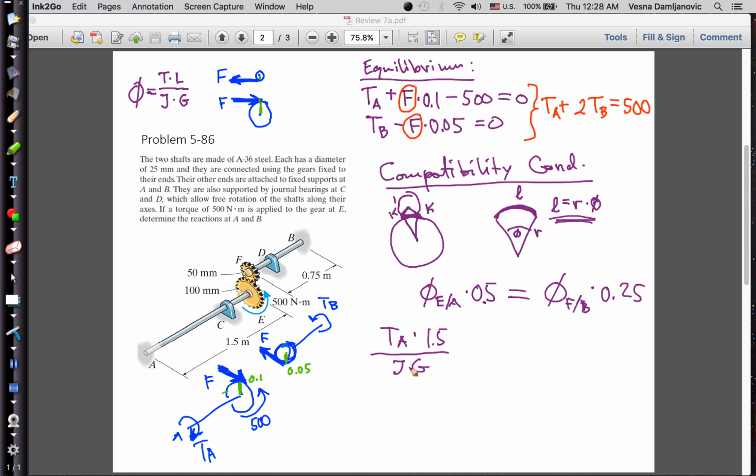The JG's cancel, and you get TA equal to 0.25 TB.